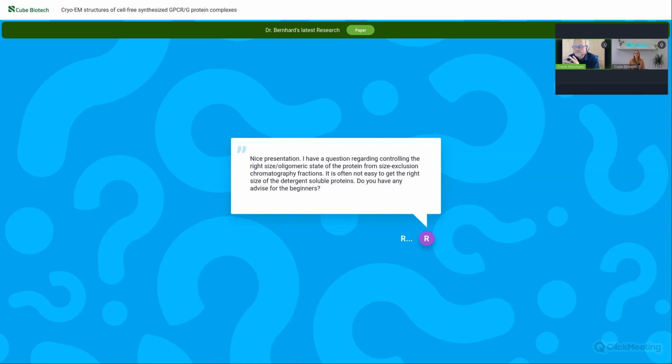So from size exclusion, you cannot tell whether you have a monomer or an oligomer in the nanodisc, because the diameter does not change. What you can tell, and this I showed you in the size exclusion profiling, is whether something is extruding from the nanodisc. If you have an incorrect or partial incorporation, then the diameter changes, and the complex elutes most likely earlier than a fully integrated protein. But you cannot tell anything about oligomerization from the size exclusion profile in that case.